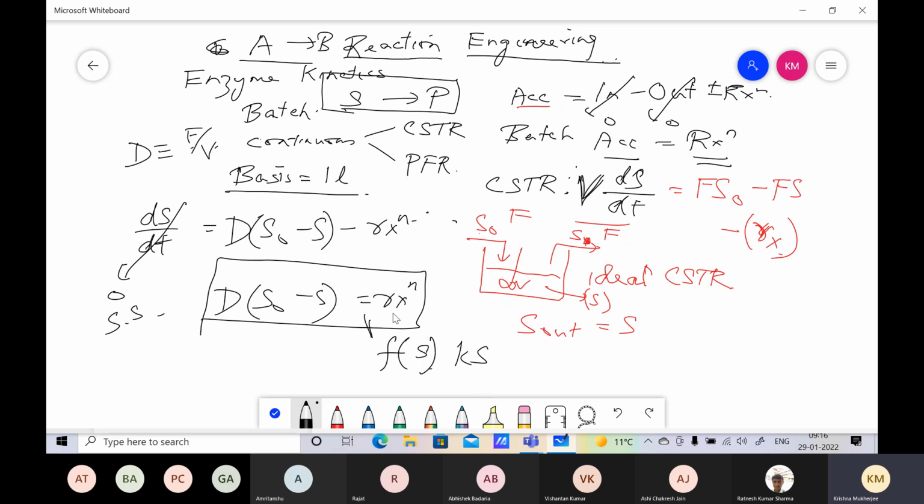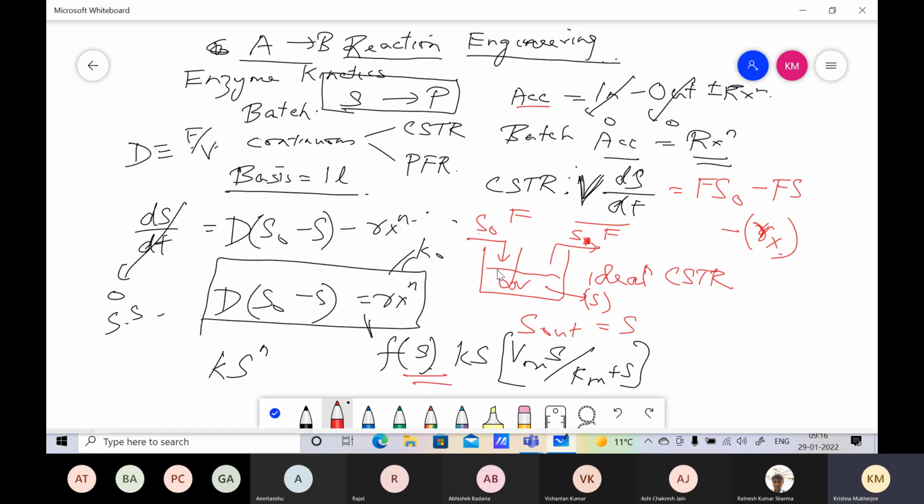It could be K naught if it's a zeroth order reaction. It could be K S to the power of n. It could be, as I pointed out just now, Vmax S upon Km plus S. It could be anything. The point to remember is that it is a function of S, and S naught has no role in it.